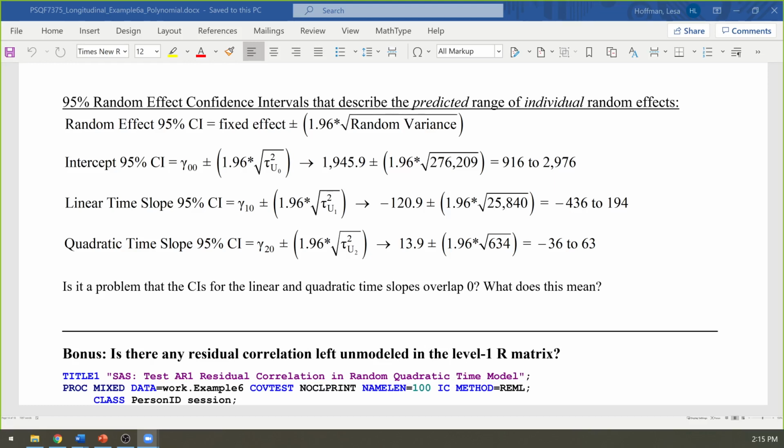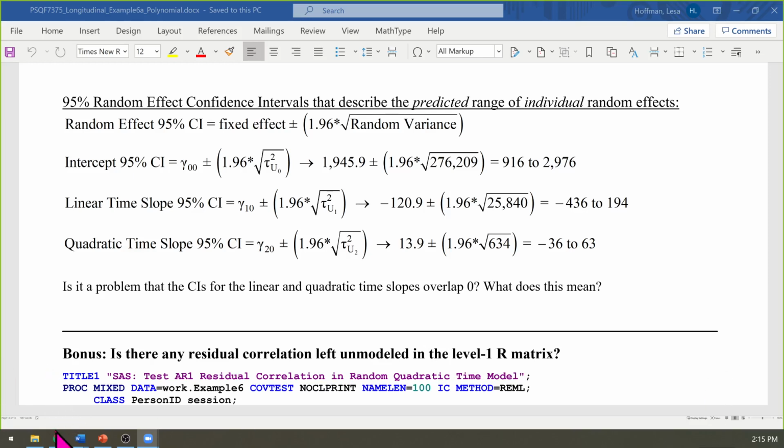And whenever you have a fixed effect that also has a random effect associated with it, so if you have a fixed linear time slope and a random linear time slope, the standard error for the fixed time slope is going to be higher because it also contains that random slope variance as part of it. So that was what the previous homework was focusing on, just those ideas.